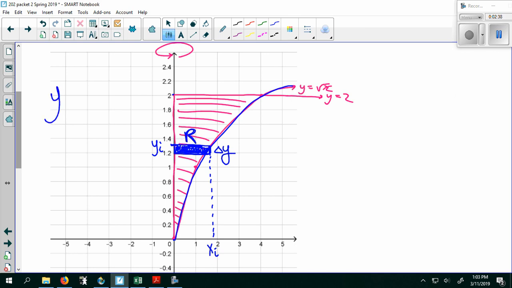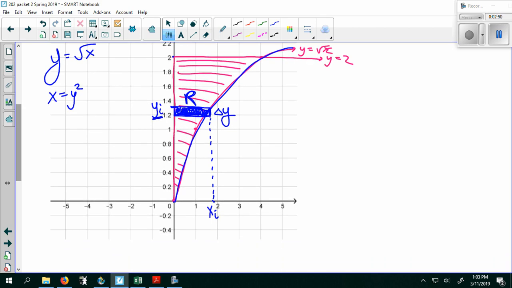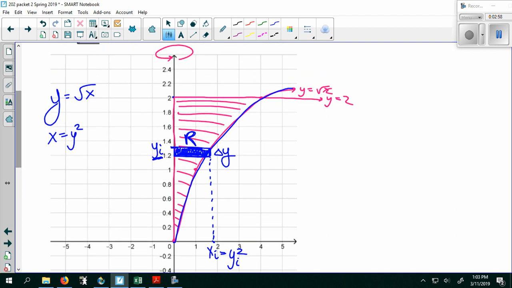So I'm just going to jot that down over here. I'm choosing y, and I need to calculate x. Solving this for x, I get x equals y squared. So x sub i is y sub i squared. That's the radius of my disk. So capital R, the radius of my disk, is y sub i squared.